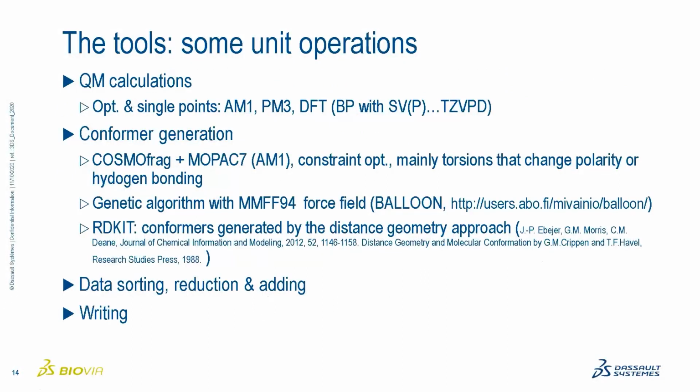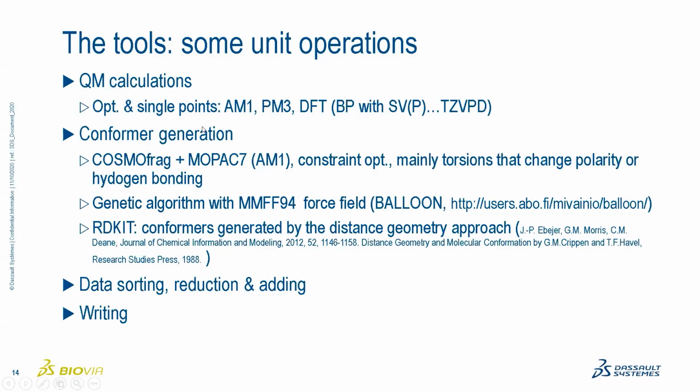So what are the tools in the toolbox? Our unit operations: we have a couple of quantum chemical calculations, the ones you have seen before from Turbomole, the DFT calculations, but also some semi-empirical methods, which are faster, with the so-called MOPAC program, AM1 and PM3.